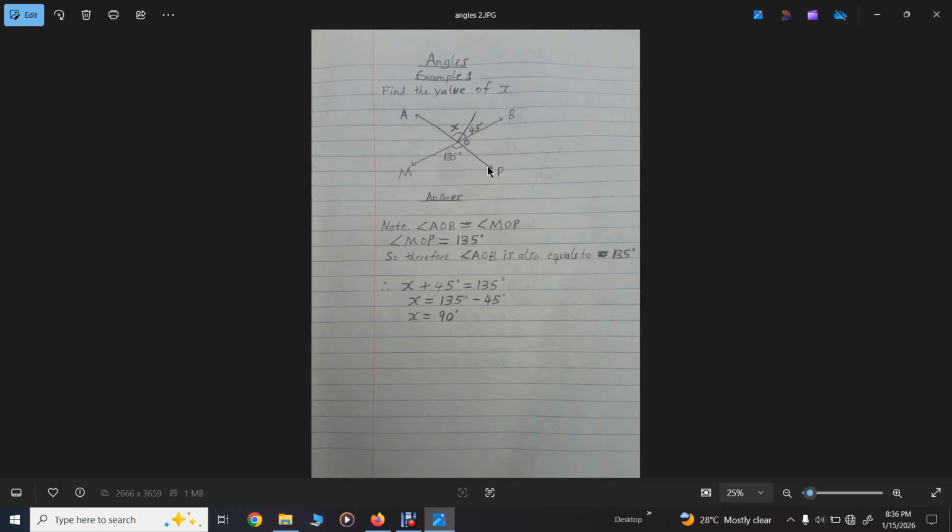They seem the same, right? Angle AOB is equal to angle MOP.